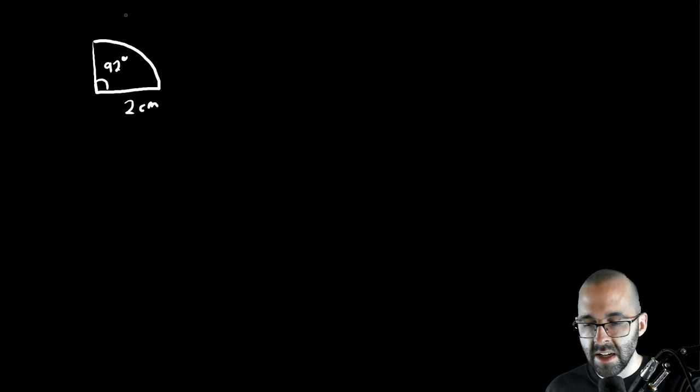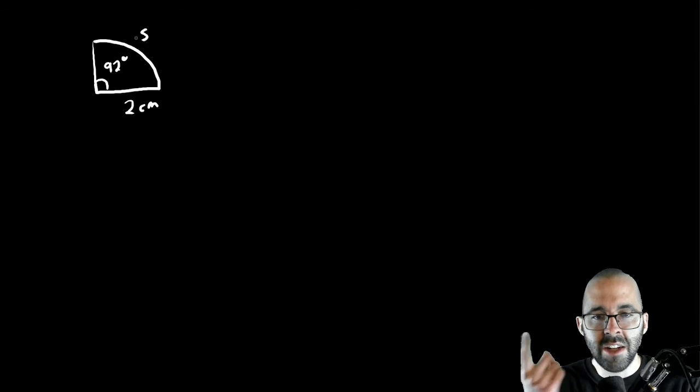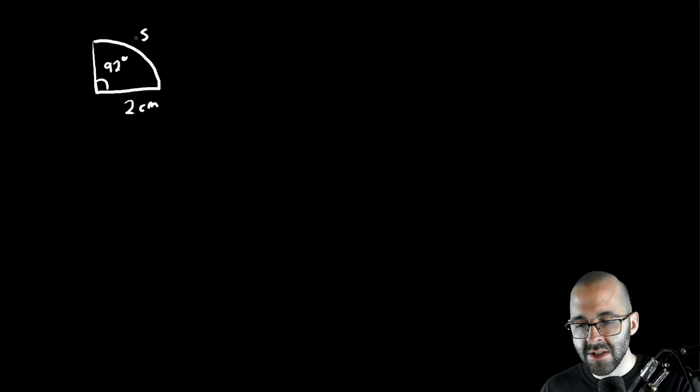And this is one of the reasons why radians are nice. Because if we didn't have radians, what if I asked you to do 92 degrees, and this is 2 centimeters or something. I ask you to find S. If it was degrees, we'd either have to convert it to radians or figure out what portion of the circle this is. Your calculations would be, what percent of the circle are we?